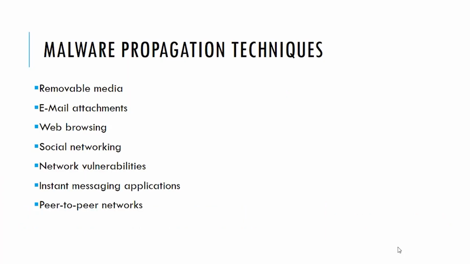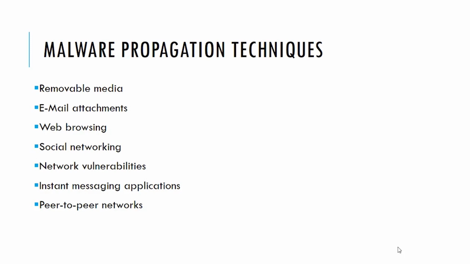Let's have an idea about the malware propagation techniques. It is sometimes through removable media, like flash drives, CDs, DVDs, or flash memories, and email attachments. Web browsing can be a propagation technique for some malware. Social networks can also be a propagation technique. Network vulnerabilities can cause the malware to spread over the network.